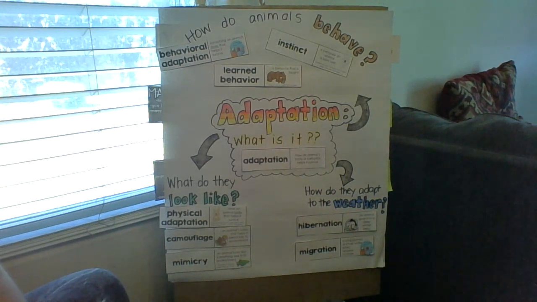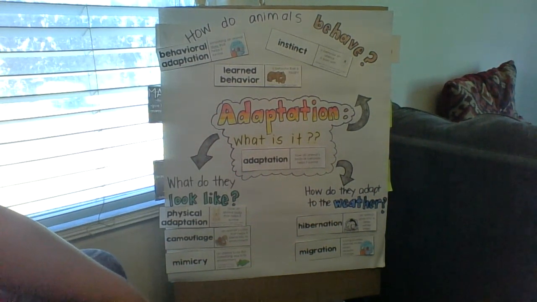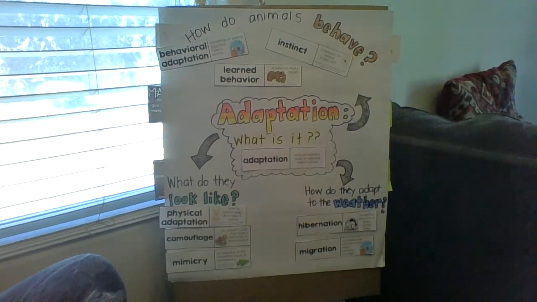All right, boys and girls, what I'm going to do is provide you with these definitions, and you are going to write them in your writing journal. Let me get my writing journal out.